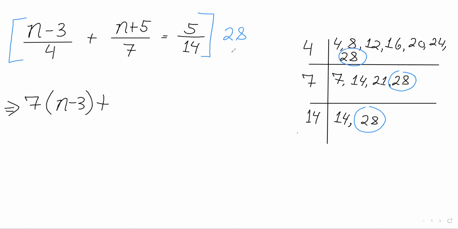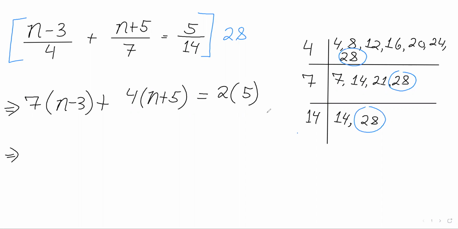Then we do 28 divided by 7. It gives me 4 times n plus 5. Now you could do 28 times 5 divided by 14. You could do that in your calculator, but it's easier to do 28 divided by 14 because you know that's 2 times 5. So now we distribute and combine like terms.